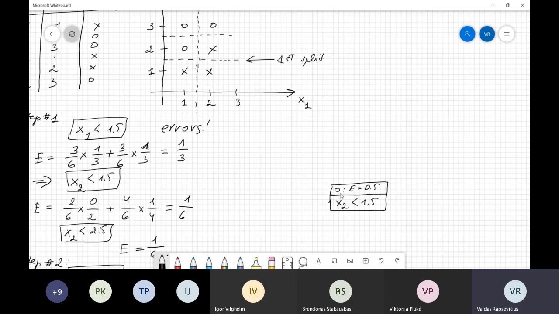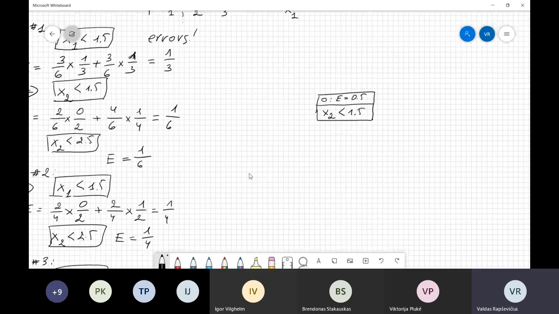Error is 0.5. So this is the initial situation. But after the split, after we've chosen this split, right? So this is true, right? This is the false condition, right?